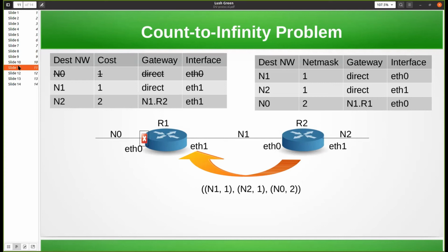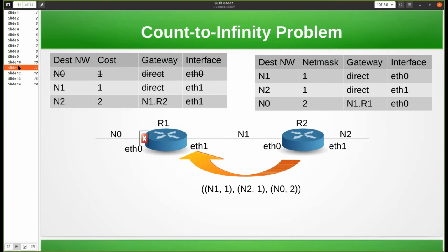The switch port went bad. Anything could have happened, but whatever it is, R1 has lost connection to the network N0. So what does it do? It removes the entry N0 from its routing table, right?